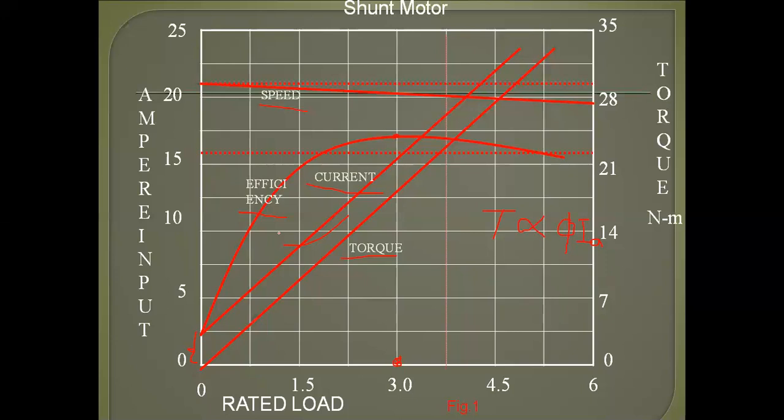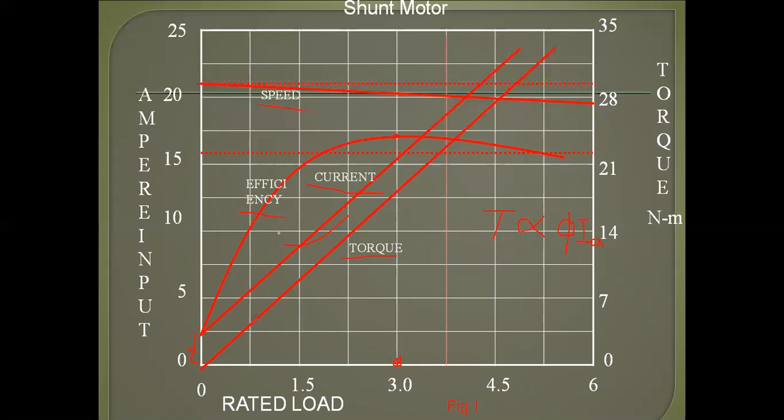Due to this reason, shunt motors are always started at no load or light loads and then the load is applied.